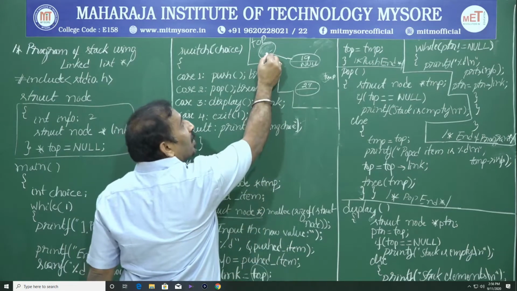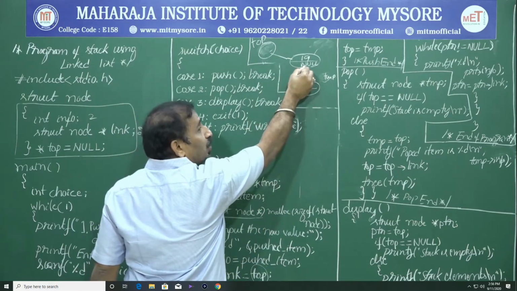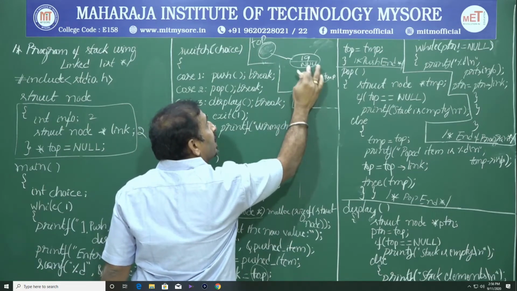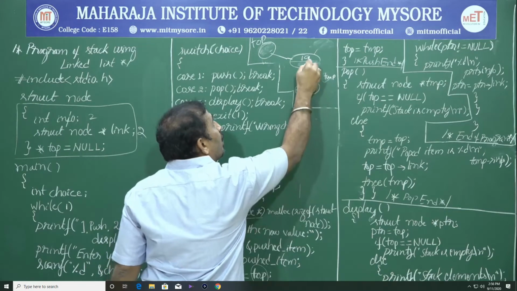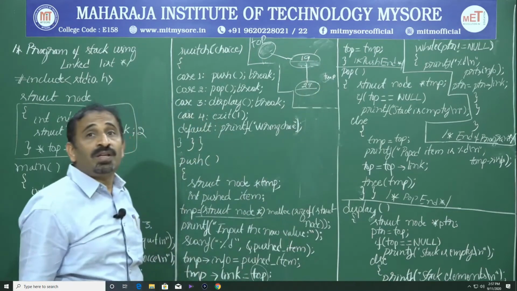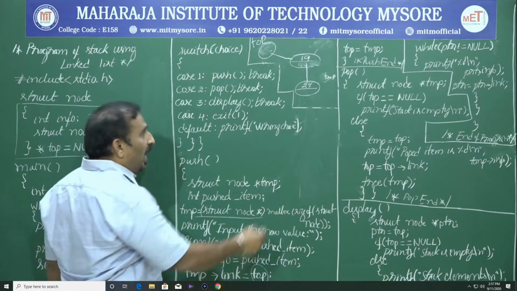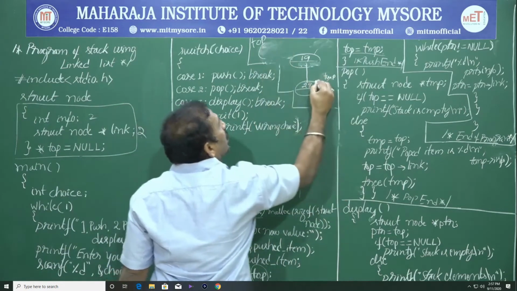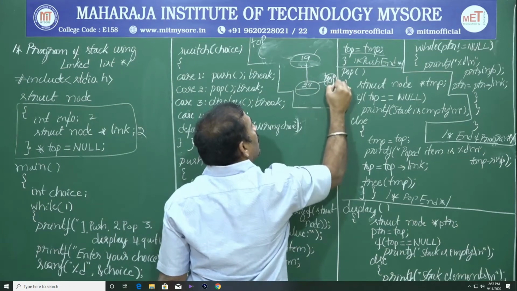What is there in top? Top is holding the address of this node. So therefore, now this is copied to this. It means this address is now being stored instead of this null. And top equal to TMP. So therefore, this will become top now.